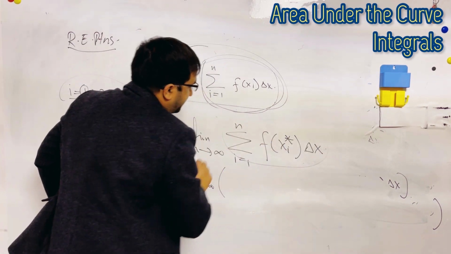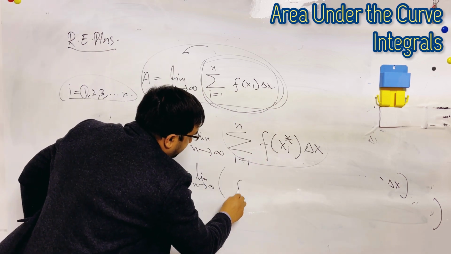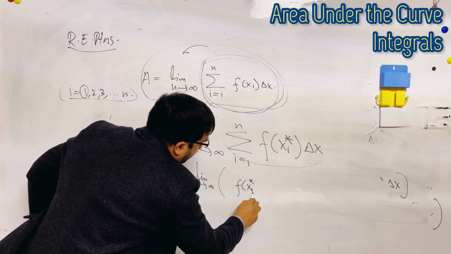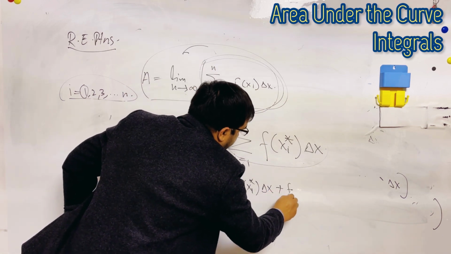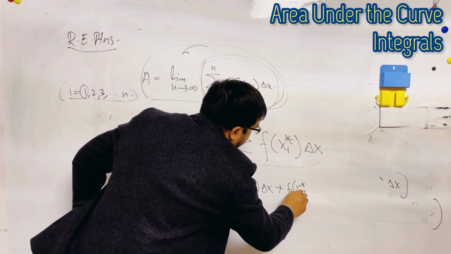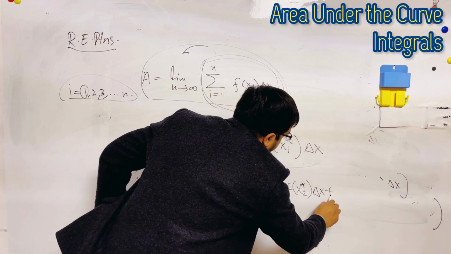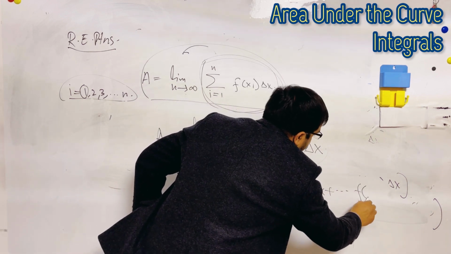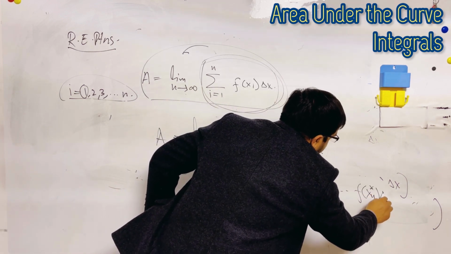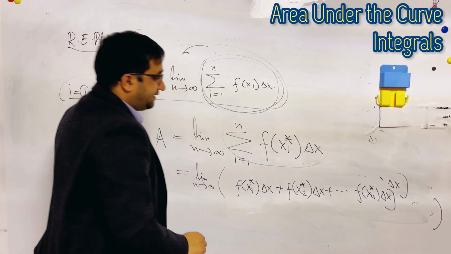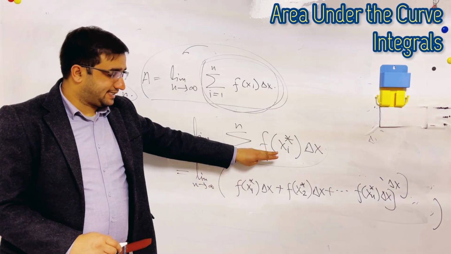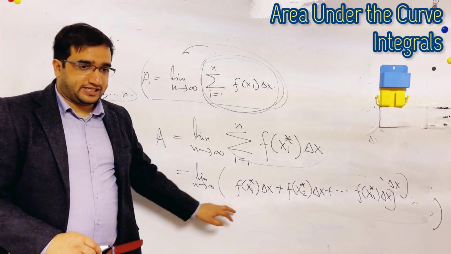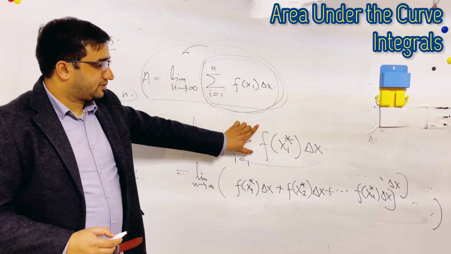When you open this, i equals 1 becomes f of x1 star delta x, plus for i equals 2 it becomes f of x2 star delta x, plus so on, f of xn star delta x. Right? So this and this are the same. You can write it both ways, it is up to you, but this looks more beautiful.